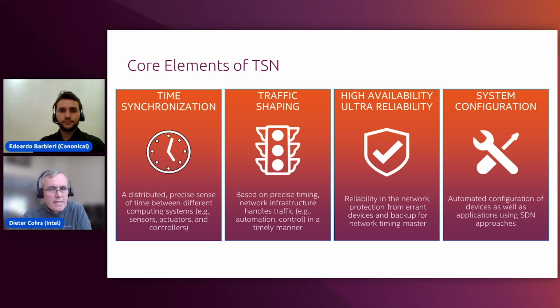So TSN delivers time synchronization across that network, traffic shaping, which really is a lot about scheduling what traffic is on that, so that real-time workloads can proceed through the network without interruptions, making sure that it always is available. So I think the preempt piece that Eduardo was talking about is certainly an element that plays into that, and then being able to configure that network going forward.